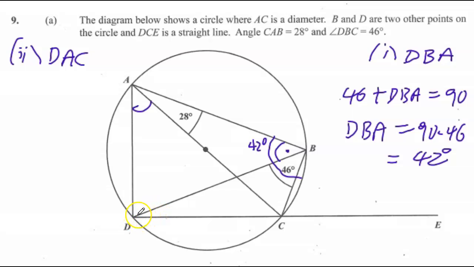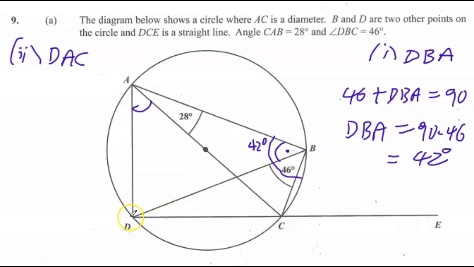Now there's a theorem that says, here's a chord. DC is a chord. Notice the angle formed from the endpoints of this chord DC on the circumference here is 46. Any angle formed from the endpoints of a chord to meet on the circumference is always equal.